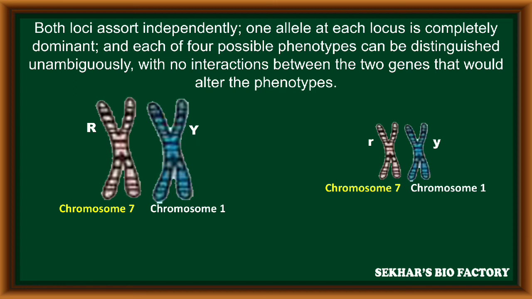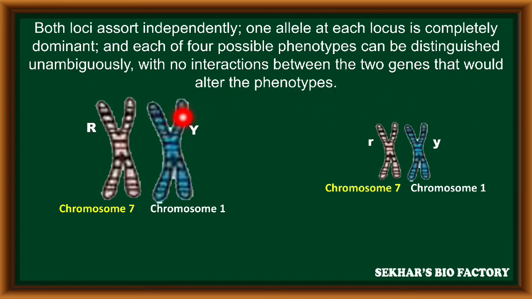One allele at each locus is completely dominant, and the four possible phenotypes can be distinguished unambiguously, with no interaction between the two genes that would alter the phenotypes, because of both characters, the shape of the seed and the color of the seed.